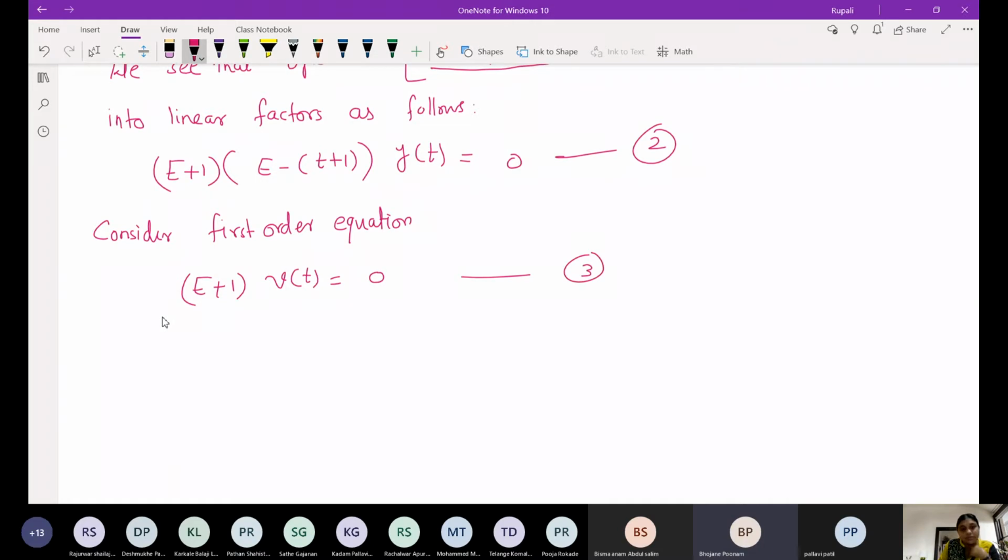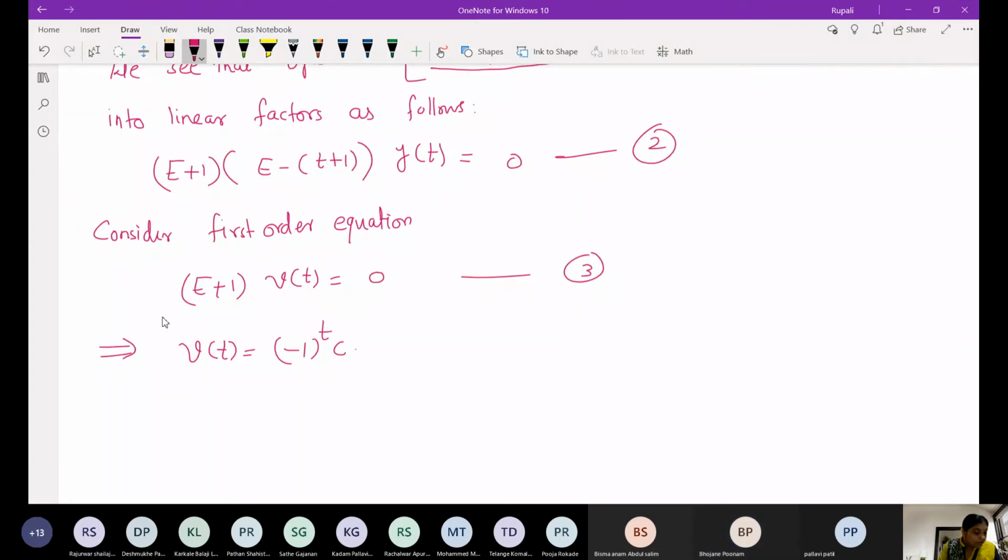So what is its solution? We know how to solve first order equations; in the first chapter we have seen it. So v of t is just the coefficient, minus 1 raised to t, times c, or c1 you can say.